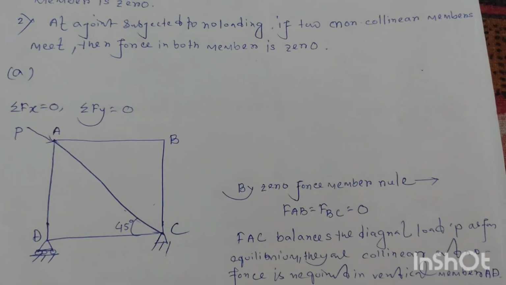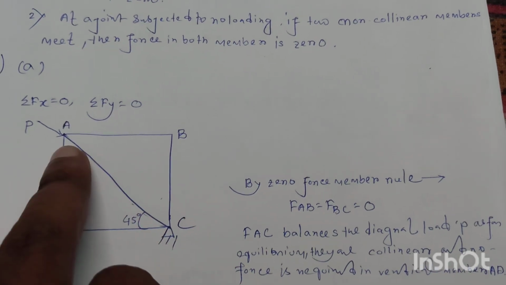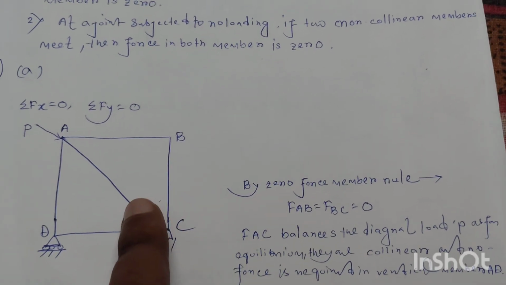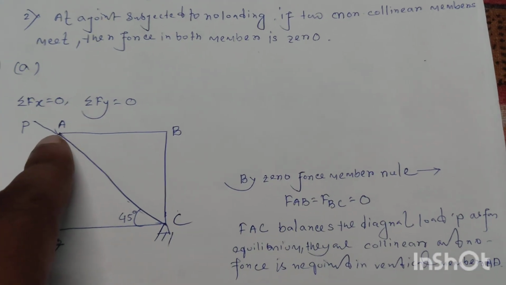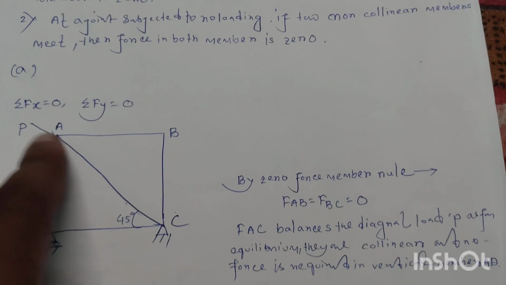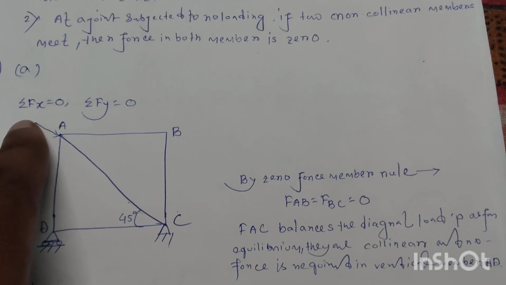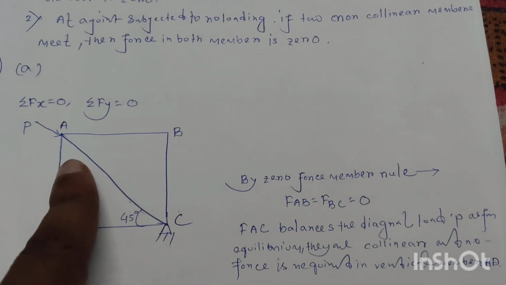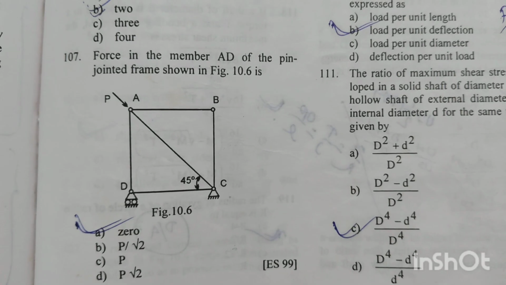So FAB equals FBC equals 0. Now the force in member AC, that is the diagonal member, balances the diagonal load P for equilibrium, and they are collinear, and no force is required at the vertical member AD. Option A is the right answer.